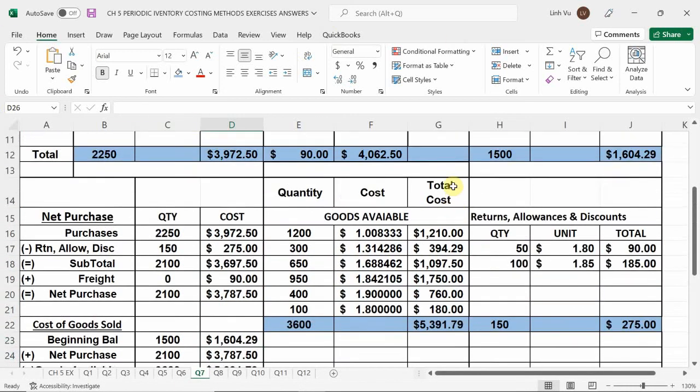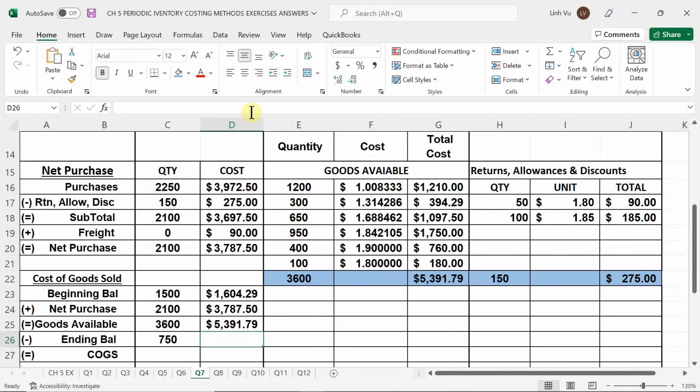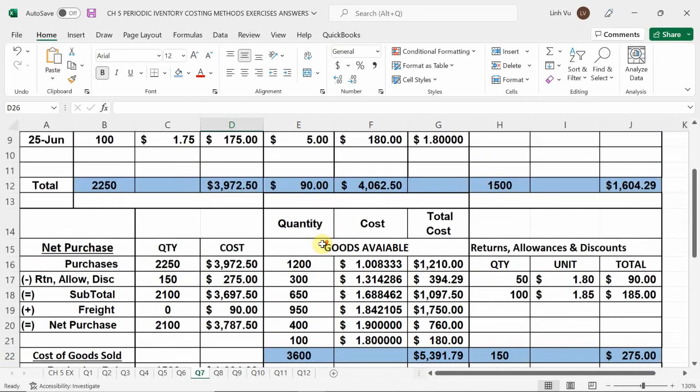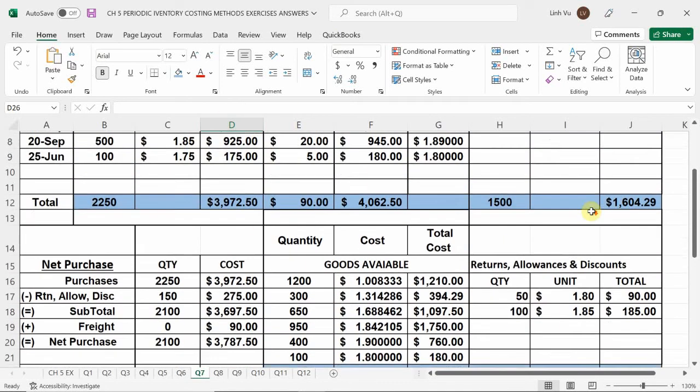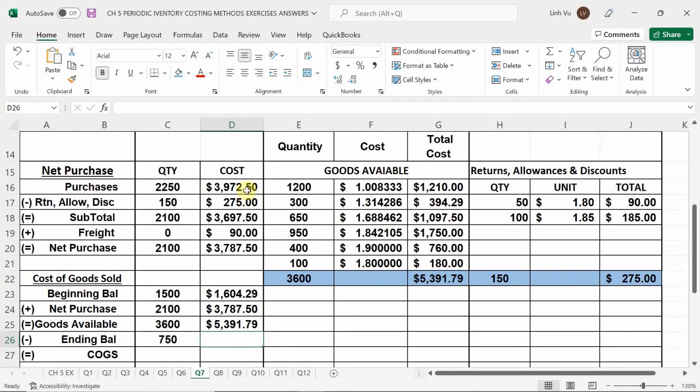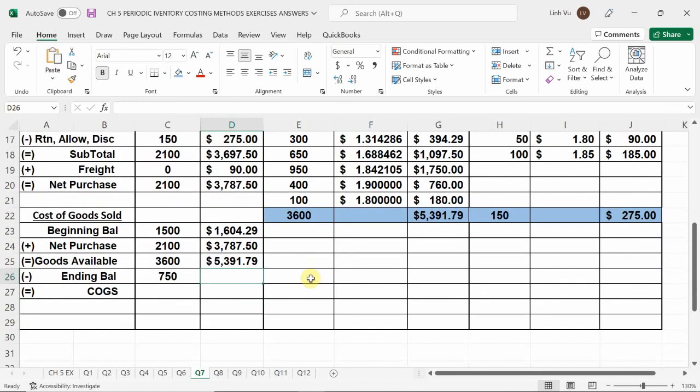Of course, because this is your goods available. So again, this is now your new inventory, right? This is what you have available to sell, so you don't have to look up there anymore. You could just focus on the bottom half here. Okay? So this is all of the items that you have available to sell.